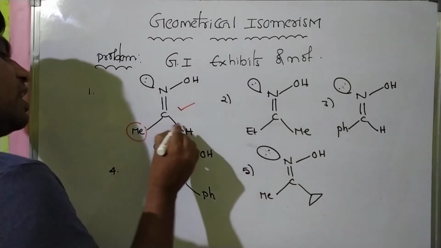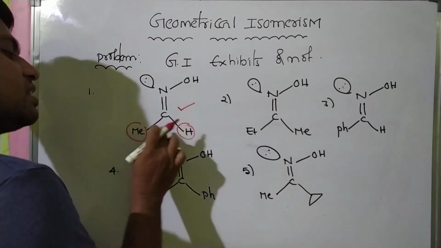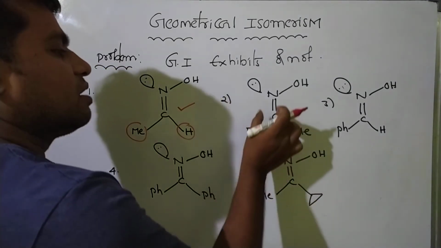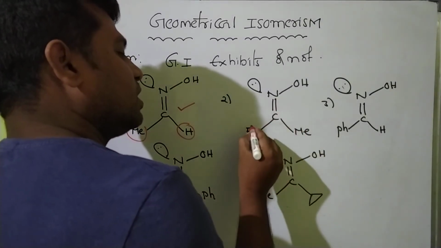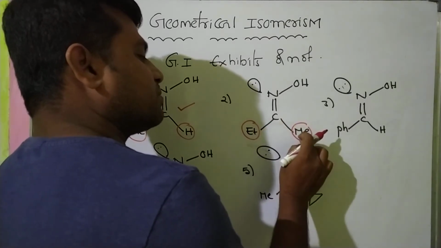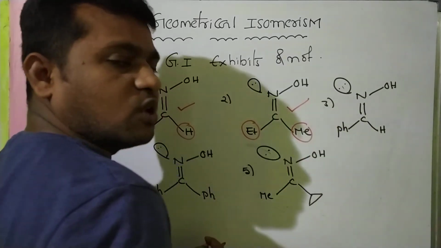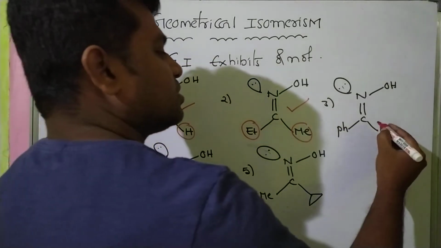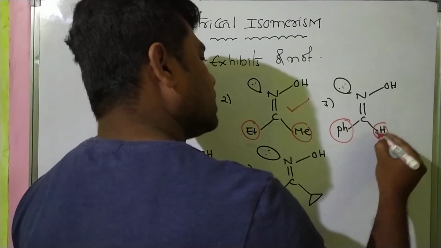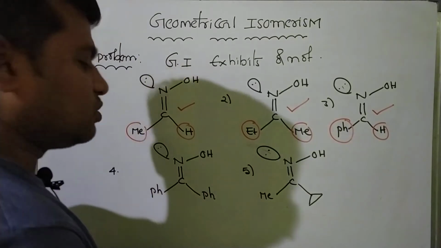Now come to this. Here also, this is an ethyl group and this is a methyl group. These two groups are different, so this molecule would also give geometrical isomerism.